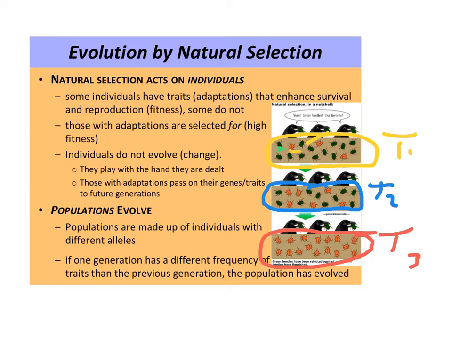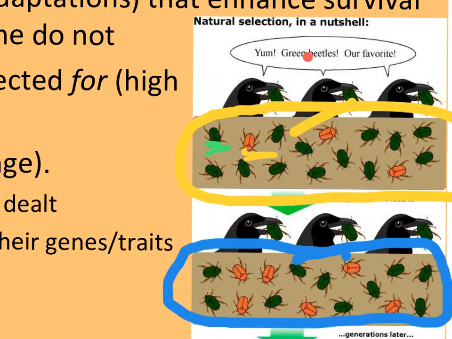Okay? So selection is acting on each individual. Each crow eats an individual. In this case, they're eating mainly green, so he's a loser. And this other individual who's orange, like this one right here, he survives. He survives. He survives. These greens, they get taken away.